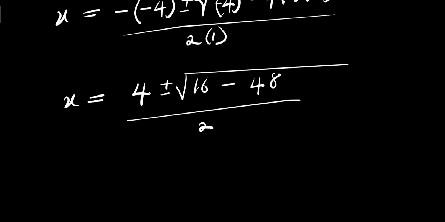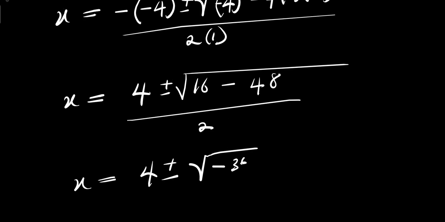So from here, we have x equals 4 plus or minus square root of negative 32 divided by 2.